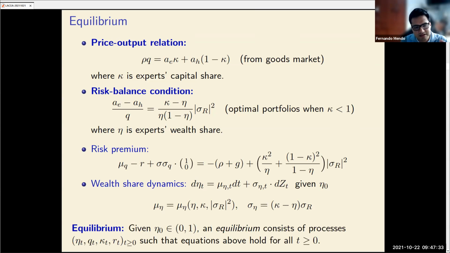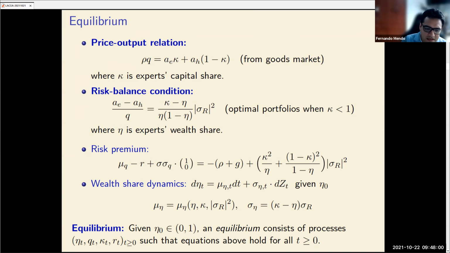Let me just say that this is the entire thing that the equilibrium imposes on our economy, meaning that when you do optimization and market clearing, this is what you're going to get. One point here is that you could construct an equilibrium in which the only state variable is the wealth share. The model is designed to do that for simplicity, and that's the key state variable in the literature I referred to in the first slide.